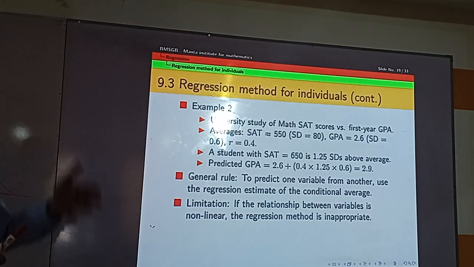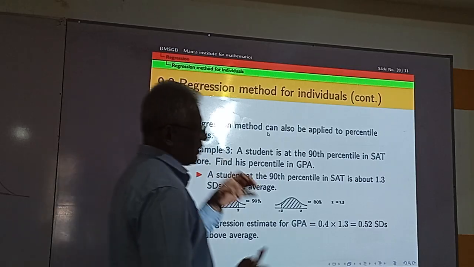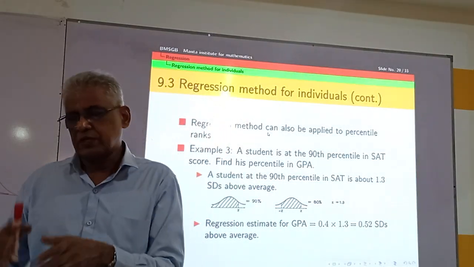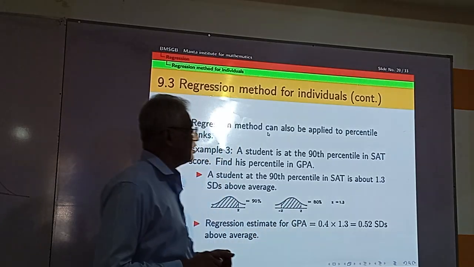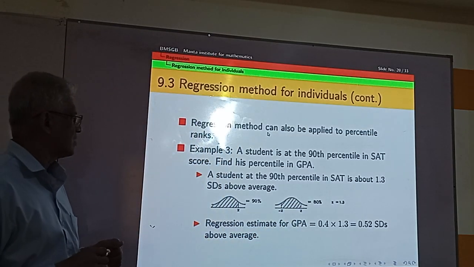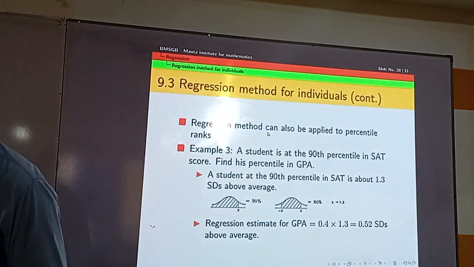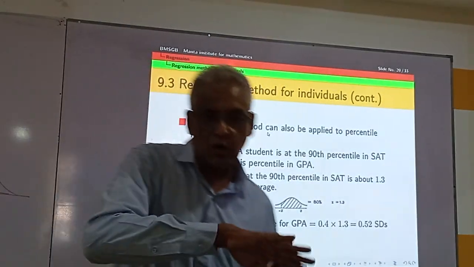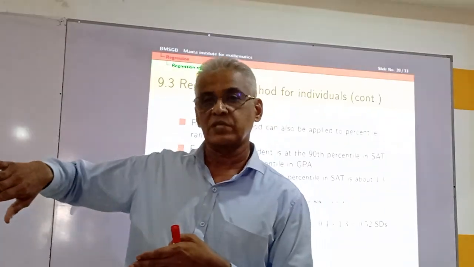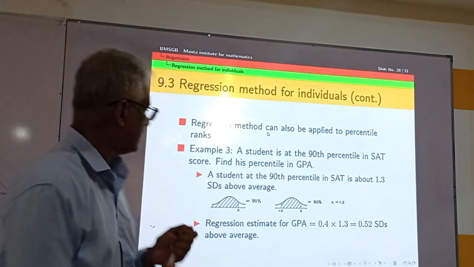Now we are not given the value but the percentile: if a student is in the 90th percentile of SAT score, find his percentile in GPA. So how do we find that? We have to find out how many standard deviations above the mean the 90th percentile is. Once you find that, you can apply the same previous method.